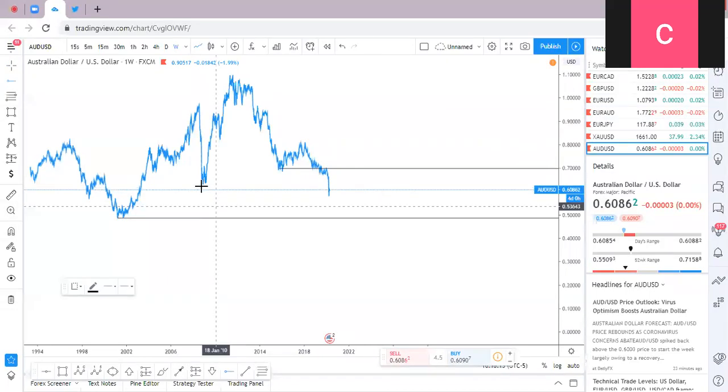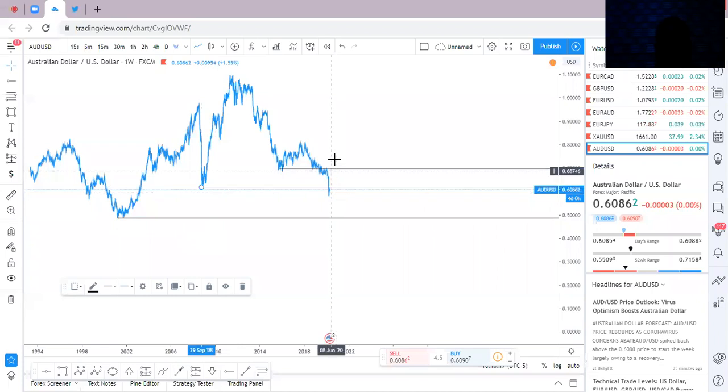We have a level here which price has broken already. You can see that, and it has already retested that place.